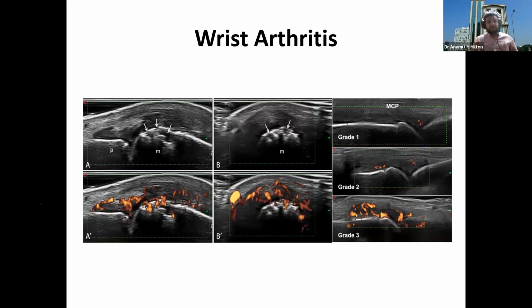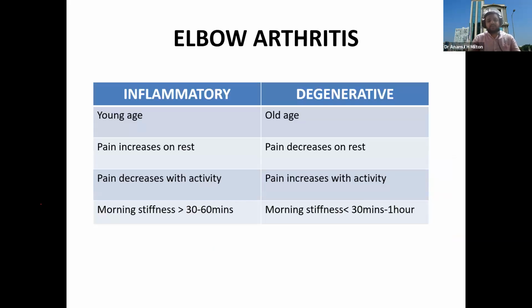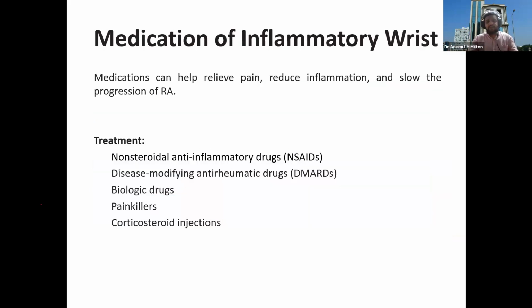So regarding the Doppler study, you can grade and plan how to treat this patient. Sorry, it's the elbow. In case of inflammatory disease, you can consider NSAIDs, DMARDs, biologics, painkillers and injection also.